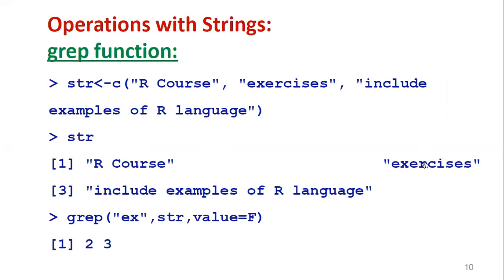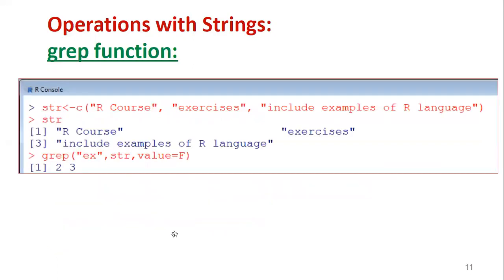Second string, exercises, "ex" is there, so it displays its index, that is the second integer value. Then include examples, third string, also "ex" is there. So numeric value 3 is displayed. By default, value equal to false. So if you particularly want the strings, you can give value equal to true.